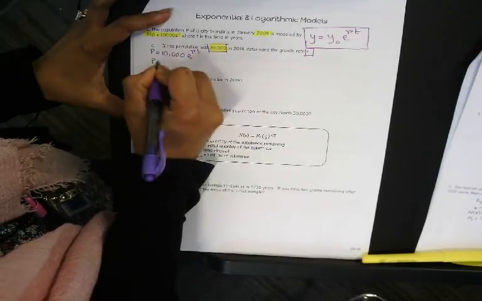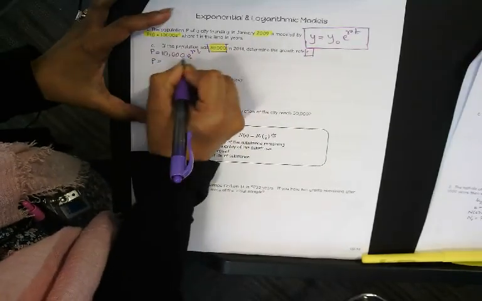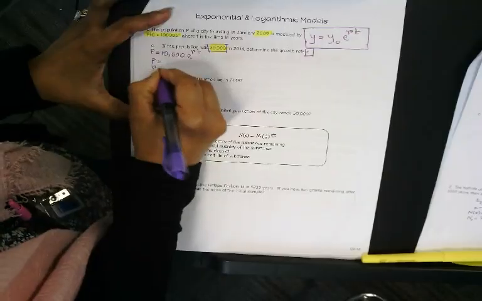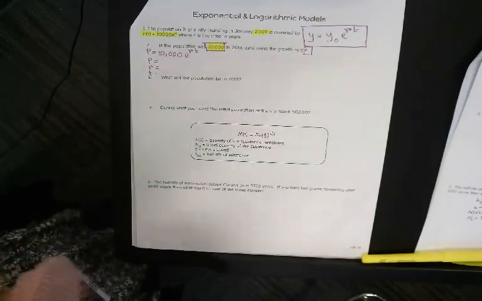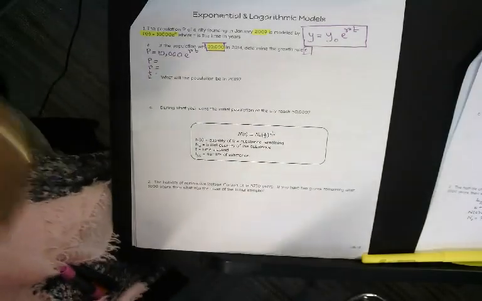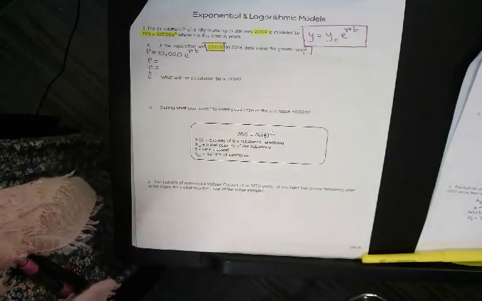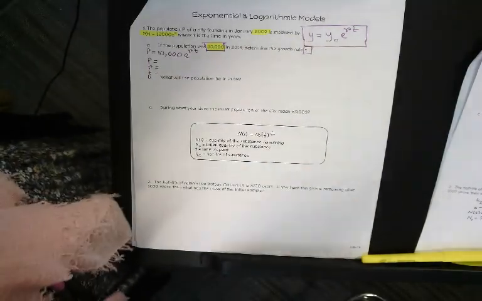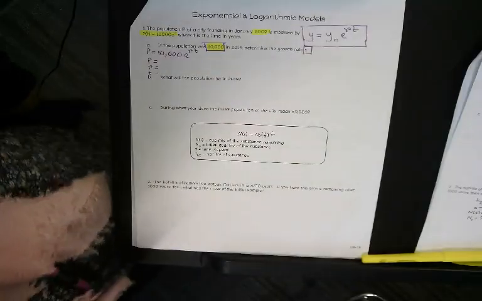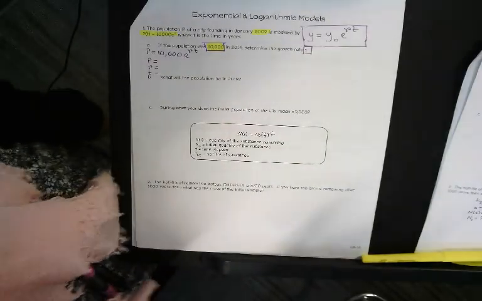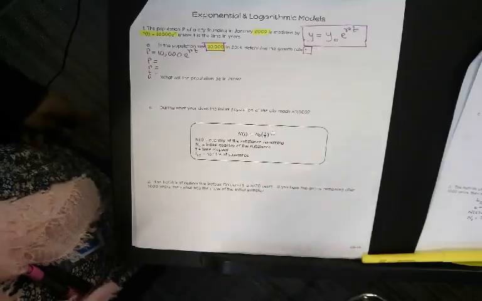I have P, e, r, and t. These are my variables. Whatever I have, I write those values. Whatever I'm trying to find, I put a question mark over there so I can visually see what I'm going for. You don't have to follow this process. It's just my way of keeping track of everything.